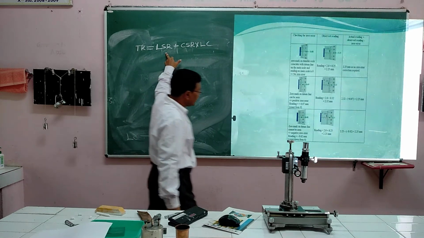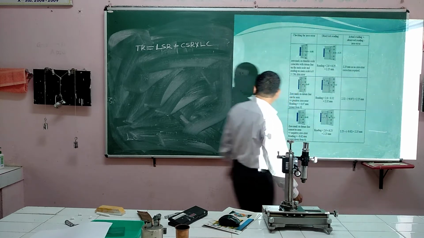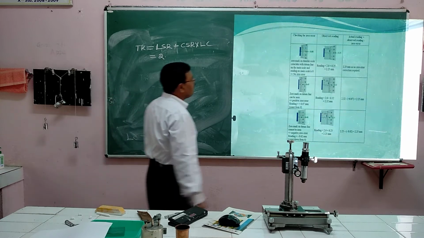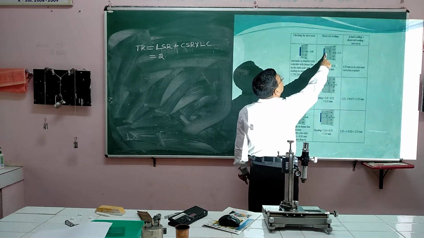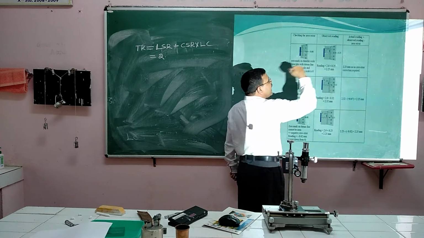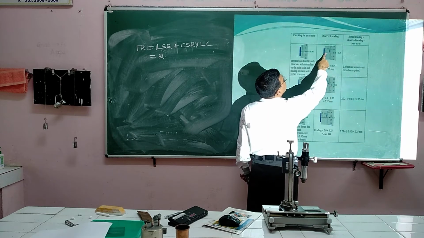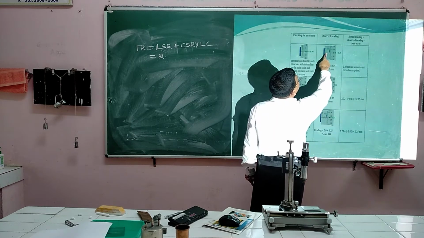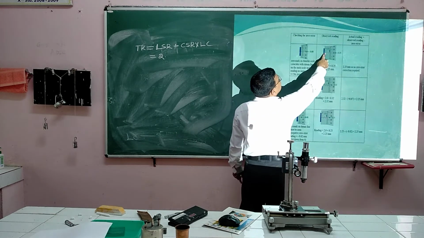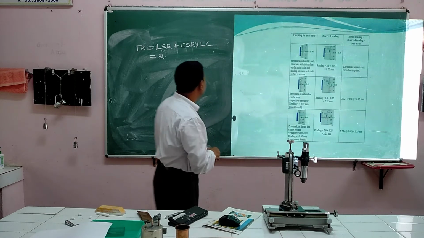Here is the linear scale. The linear scale shows 2 mm. It is the distance moved along a straight line. This is called the linear scale. Here it is 0, 1, 2. So 2 mm.